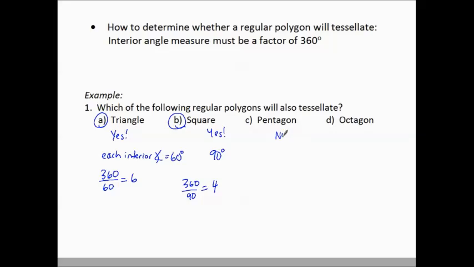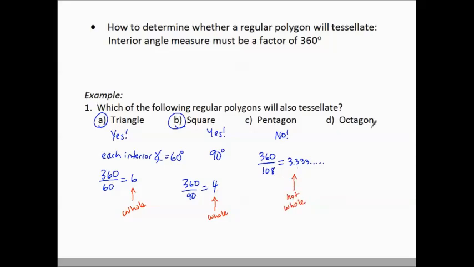Pentagon? No. Why not? Well, 360 divided by 108 came out to about 3.33, not a whole number, right? Whole number when we divide it into 360, not a whole number.